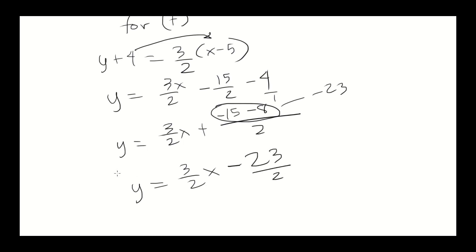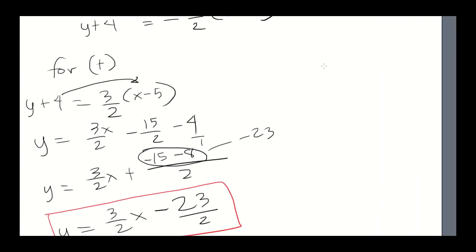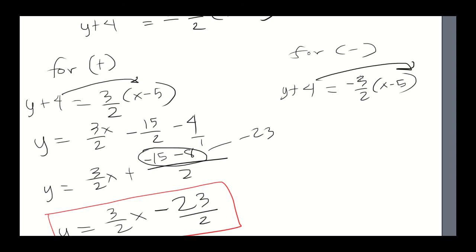So this is the asymptote for the positive. Then we will solve for negative. Y plus 4 equals negative 3 over 2 times x minus 5. So we transfer 4 and we distribute that.